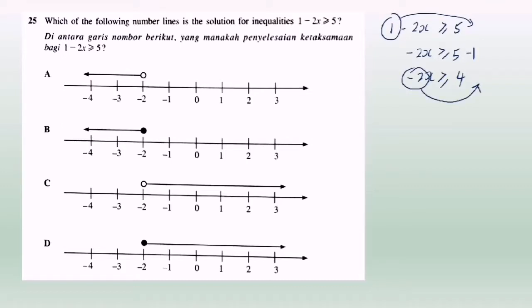And we know that when divided by negative number, the sign here need to change. Okay, greater or equals will change to less or equals. So here as 4 divided by negative 2, so as less or equals negative 2. So the answer is B.